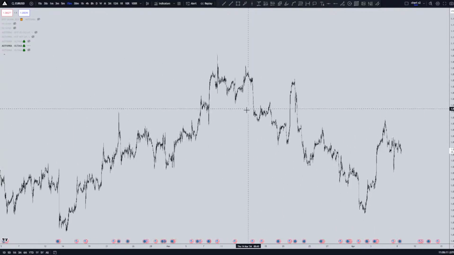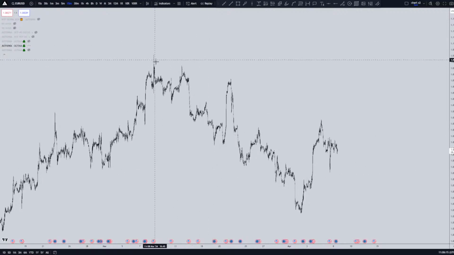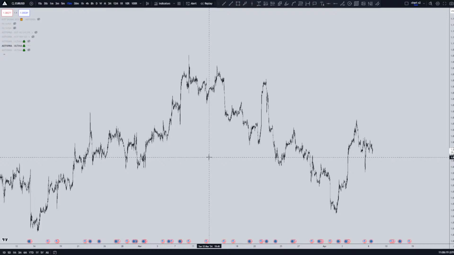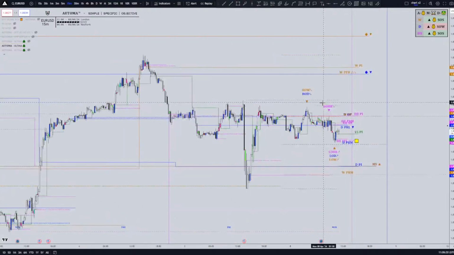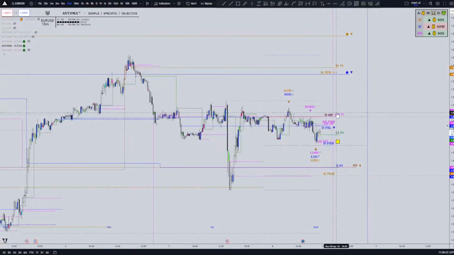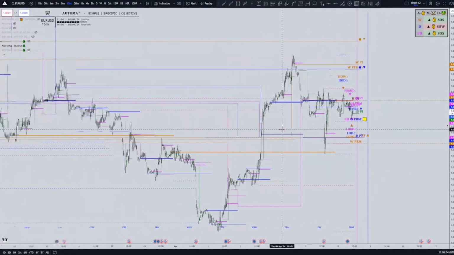So let's double check how big the move was after that sweep. Now, we have high volatility. Yeah, when it has increased volatility, it's even better.